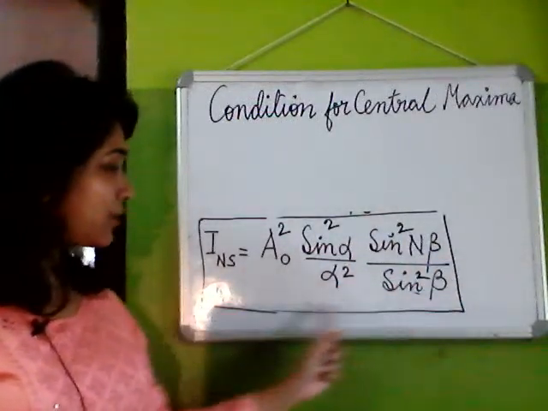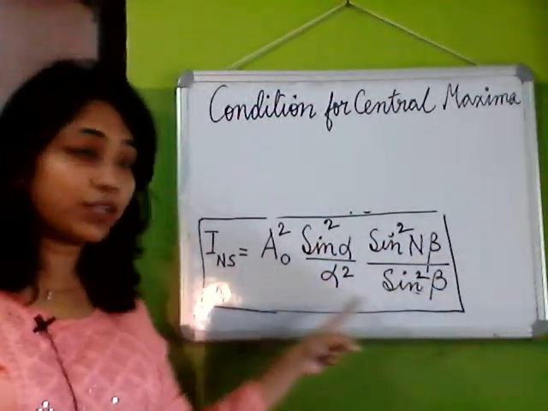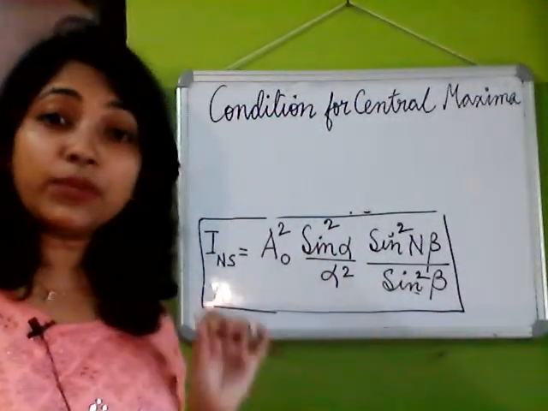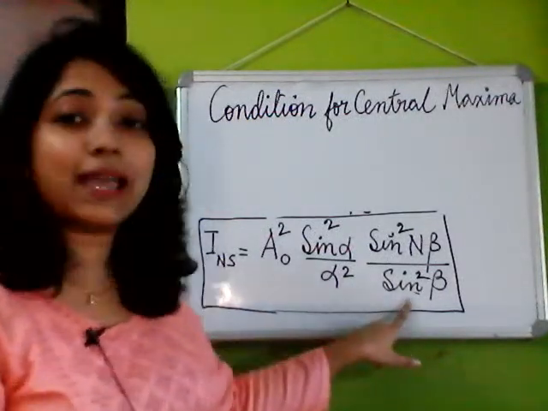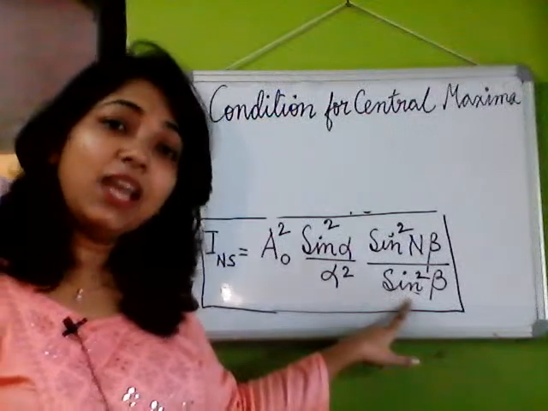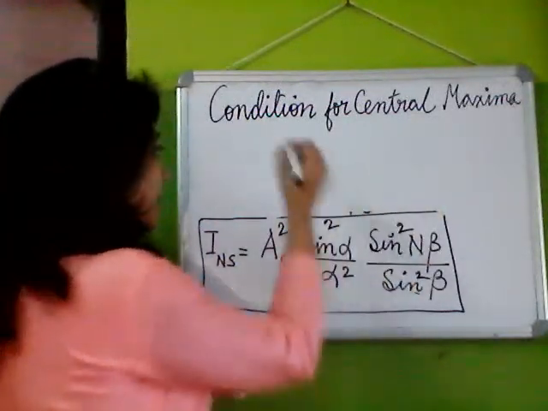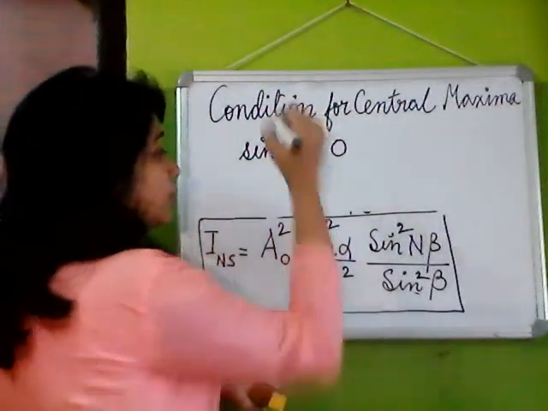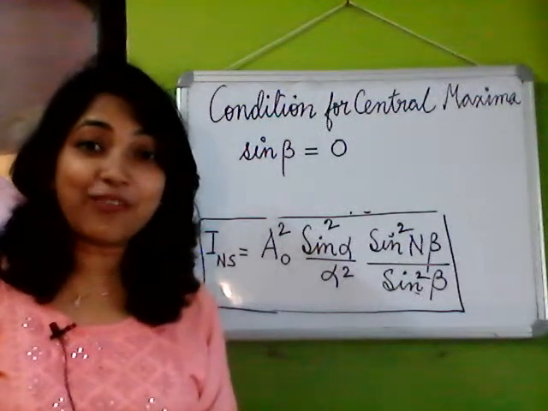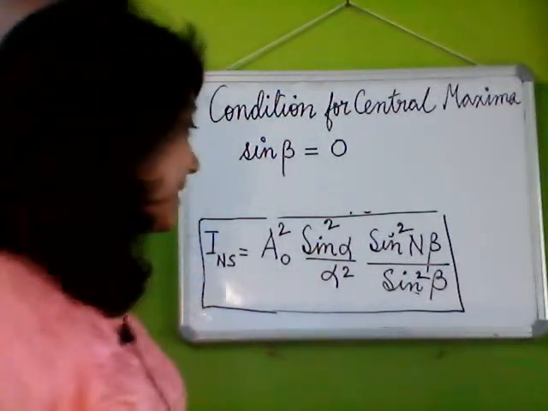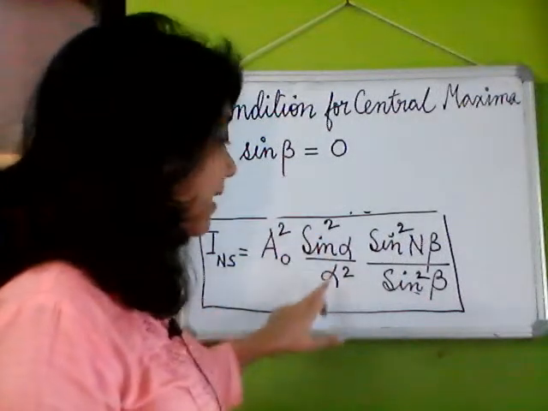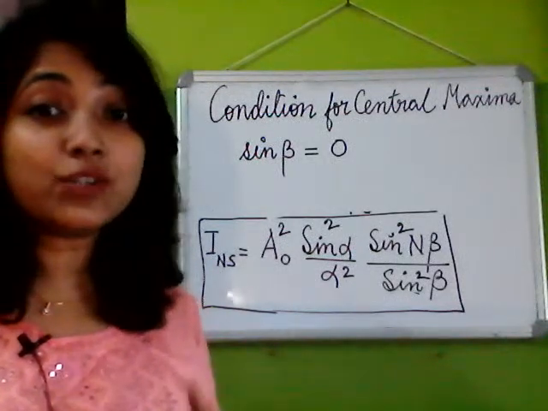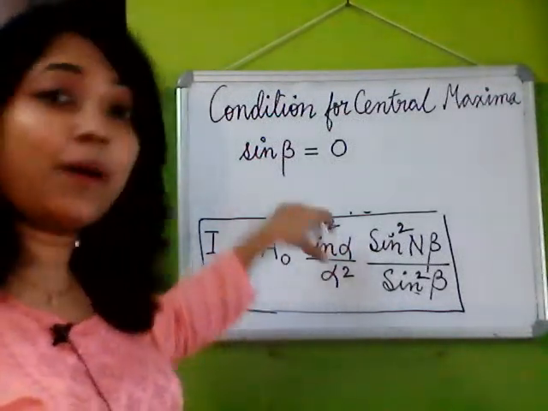So from here, when I get back to the known equation of intensity, the particular term which causes this is the sine square beta term. So as a condition, you should be writing sine beta is equal to 0. Please see that when we were doing sine square alpha by alpha, the value of alpha could not be taken to be individually 0 because that would blow up the entire thing.